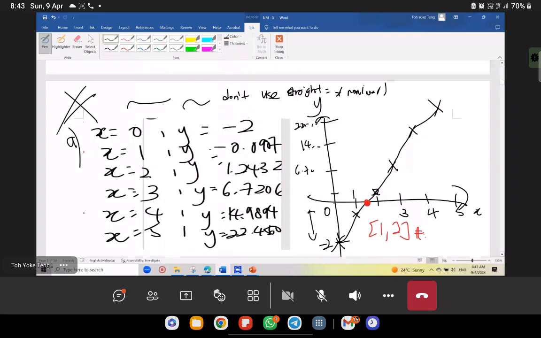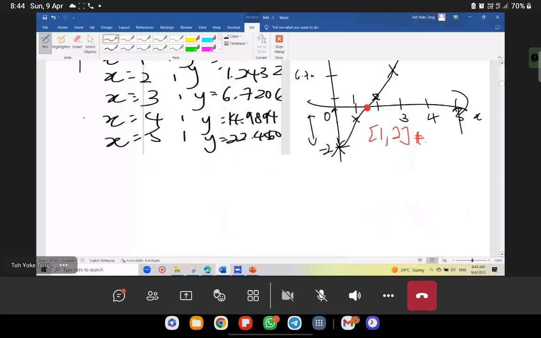Actually, if you want to use 0 to 5 to show it, it is also acceptable here, since the question didn't mention that the difference between the initial value and the end value should be equal to 1. So up to you. For me, I just choose f of 0, f of 1.